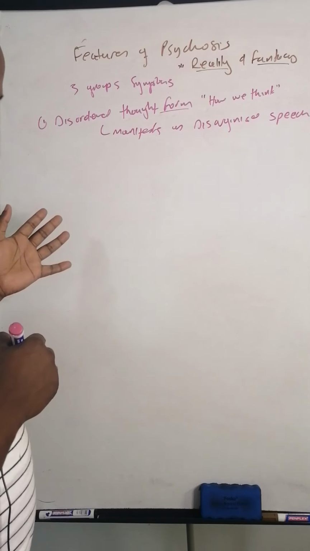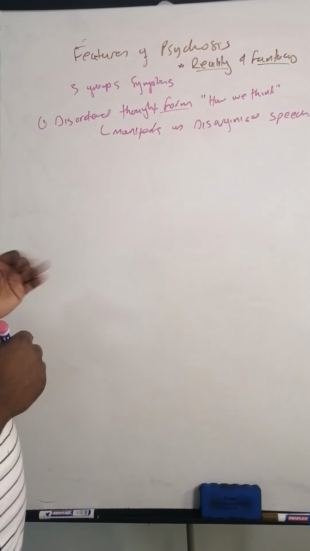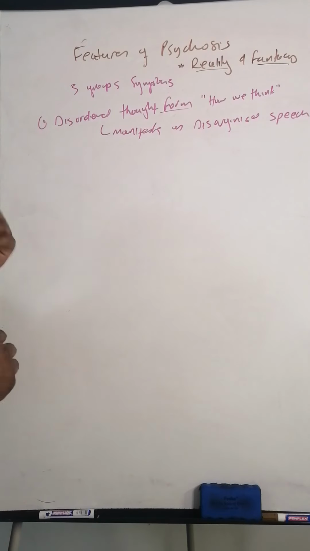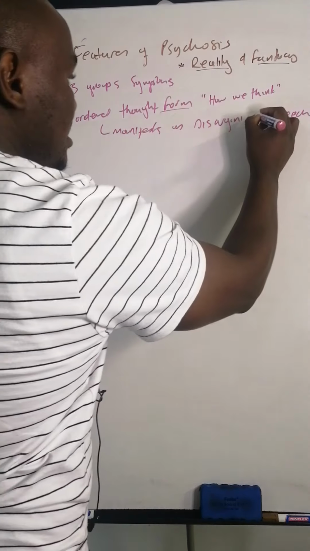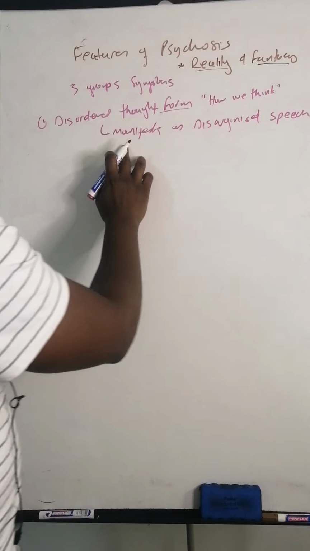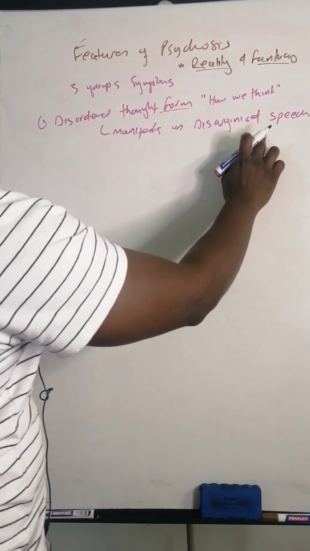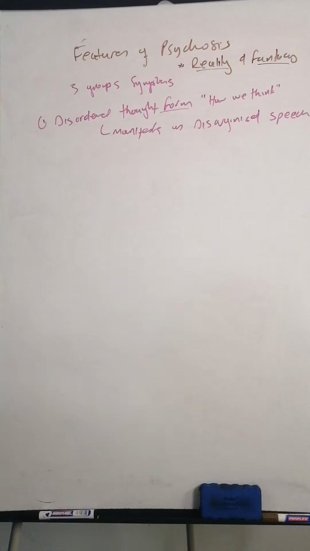We can't do that. So the way we diagnose it, the way we pick it up, is through their disorganized speech. So what are the examples of disorganized speech?